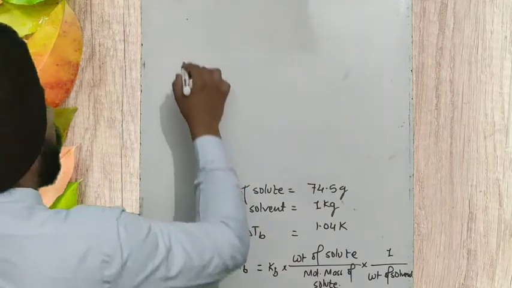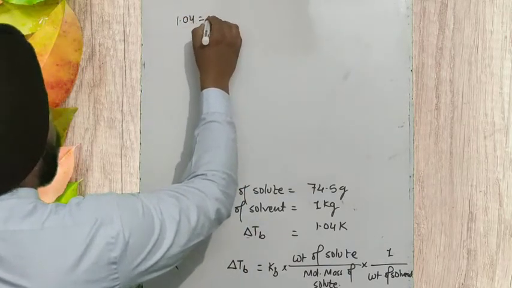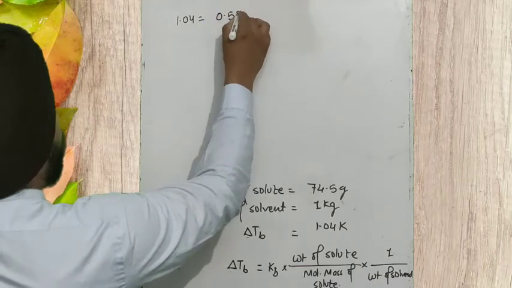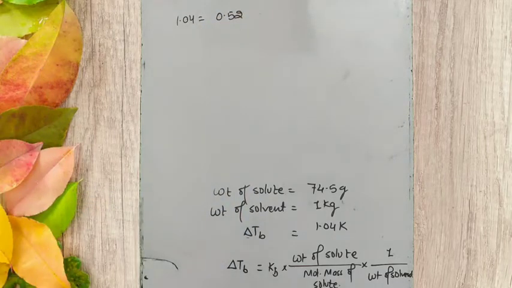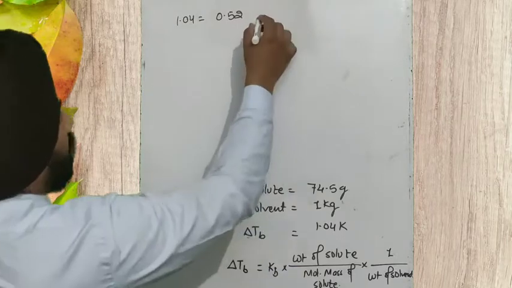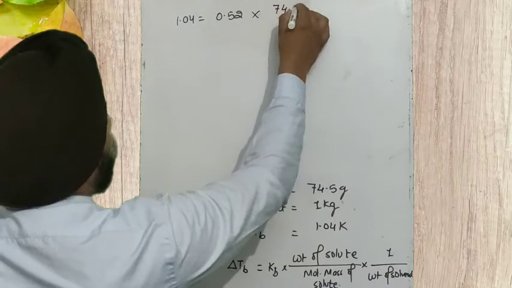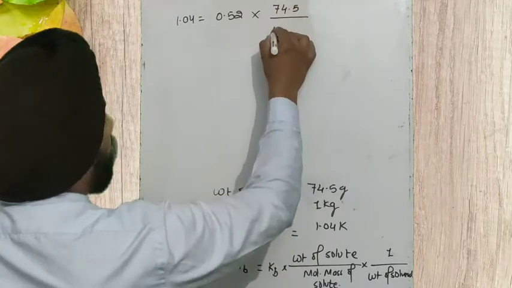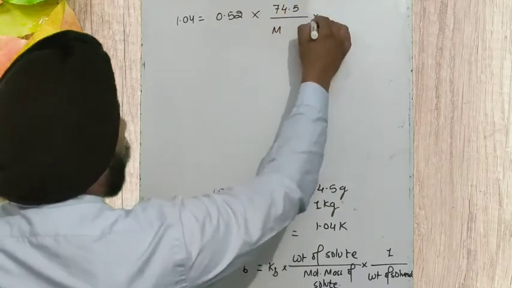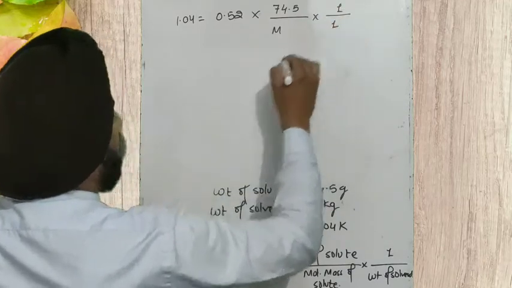So delta TB is 1.04 Kelvin, KB of water is 0.52, which is commonly given in the questions, into weight of solute, 74.5 gram, molecular mass we have to calculate, and 1 upon 1 kilogram.